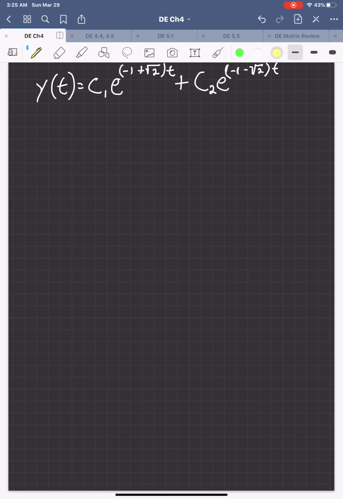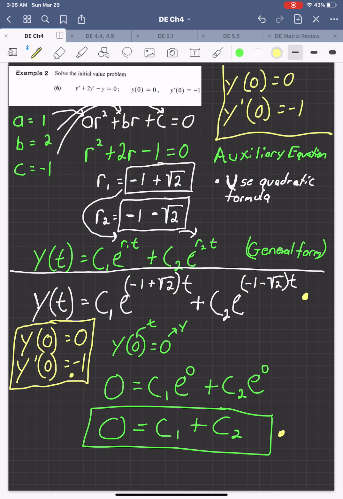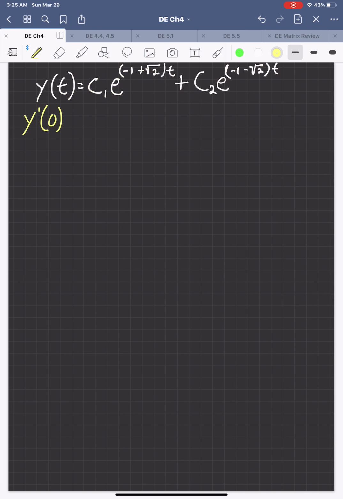So I needed that. I also needed y prime of 0, which was equal to, let me double check, I think it was -1. Yep. Equal to -1. And I also had c sub 1 plus c sub 2 equal to 0.